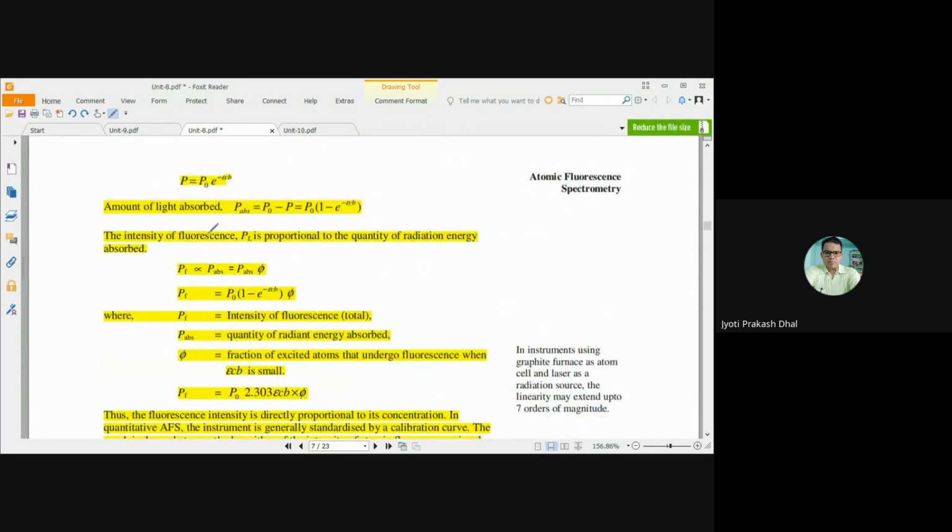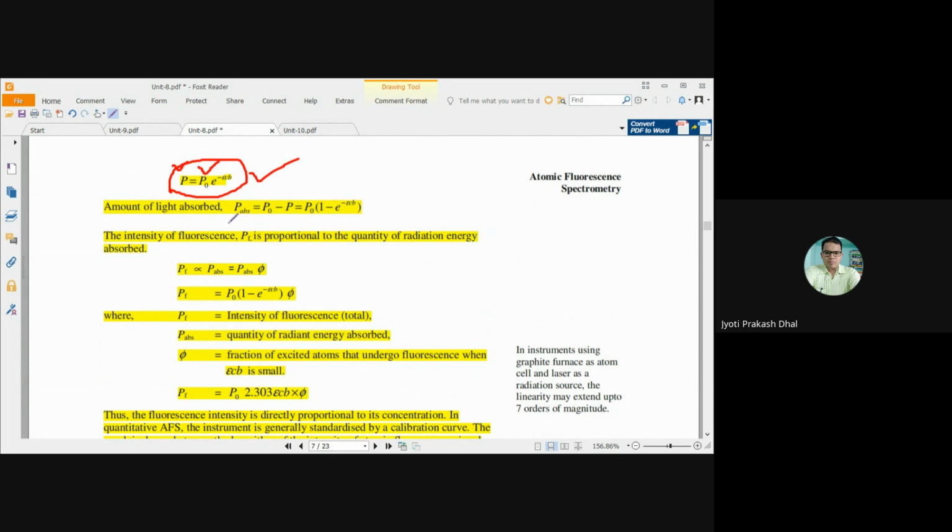We have already studied this. According to the Lambert-Beer law, P equals P0 times e to the power minus epsilon Cb. This is the equation of the Lambert-Beer law, where P0 is the intensity of the initial radiation and P is the intensity of the transmitted radiation.